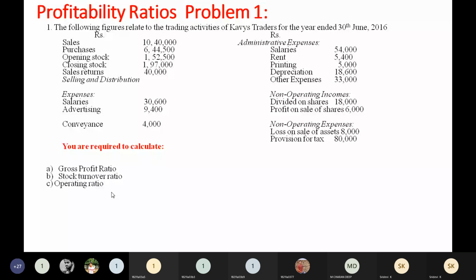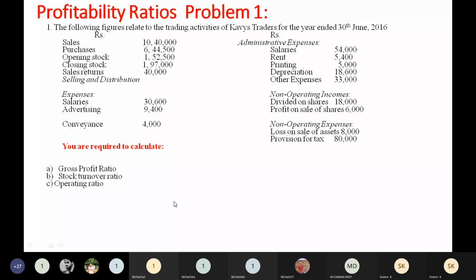Of course, if it is specified in the problem itself, you need to compulsorily calculate those ratios. The information will be given in the problem itself. So here it is asked to calculate the gross profit ratio, stock turnover ratio, and operating ratio.